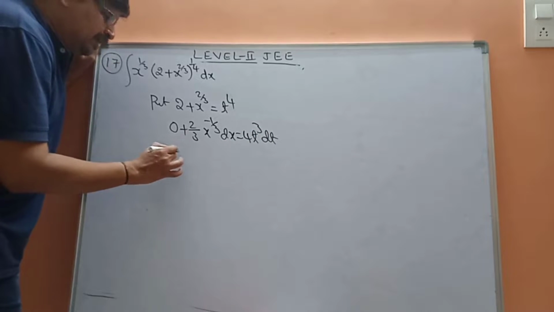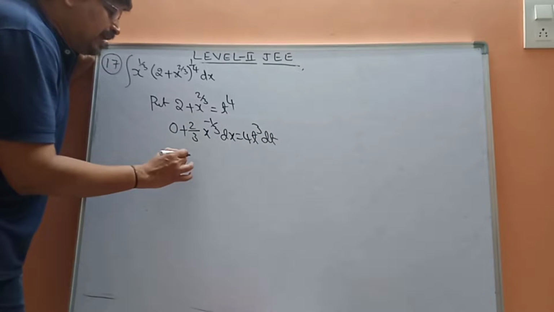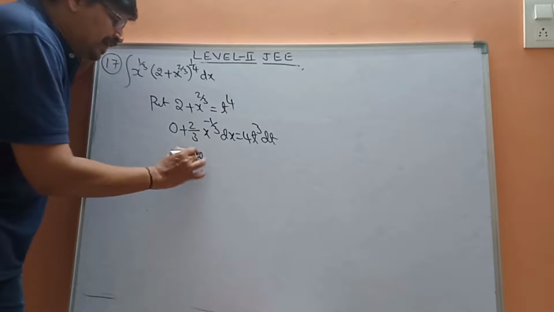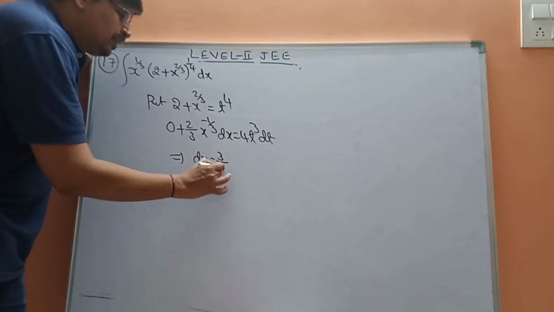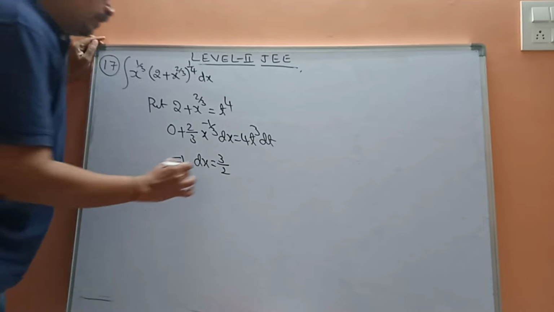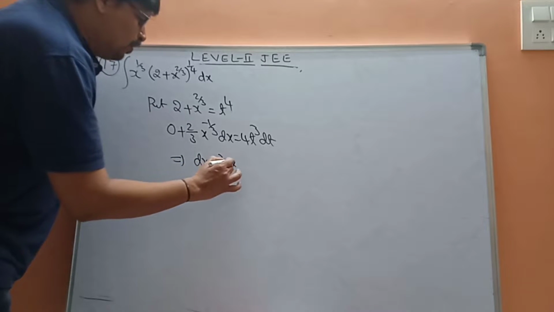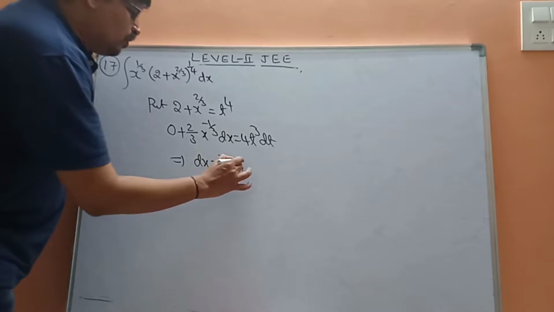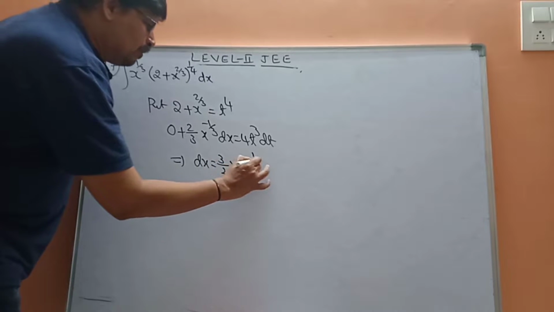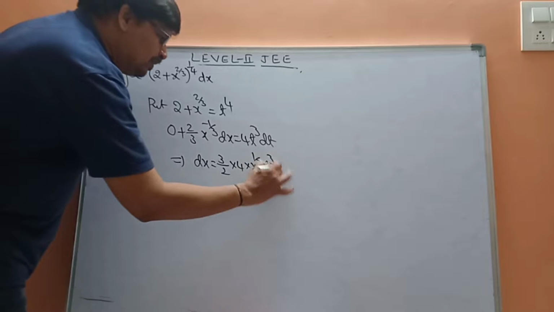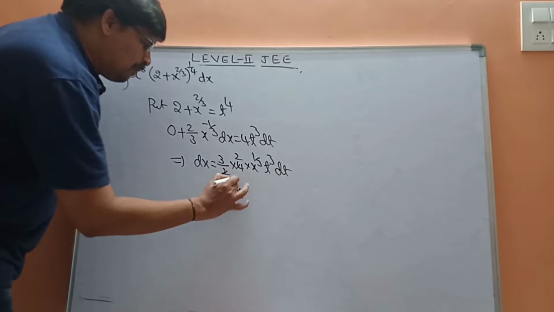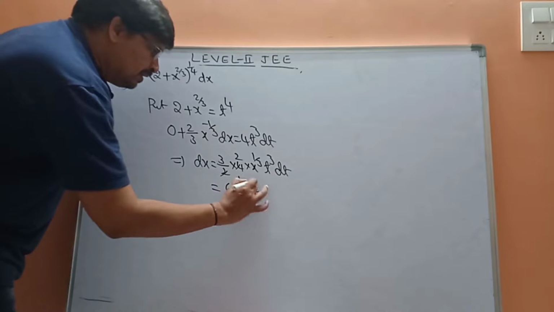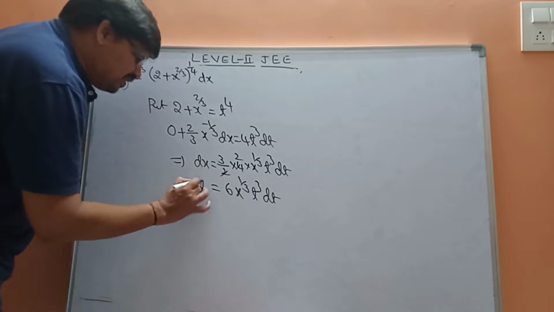So dx can be written as 3 by 2 into 4 into x to the power of 1 by 3 t cube dt. Here the 2 cancels, so dx equals 6 x to the power of 1 by 3 t cube dt.